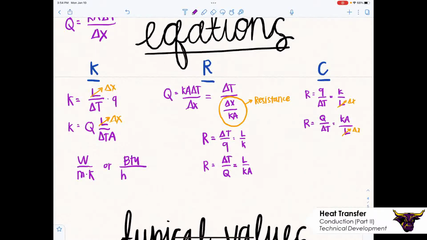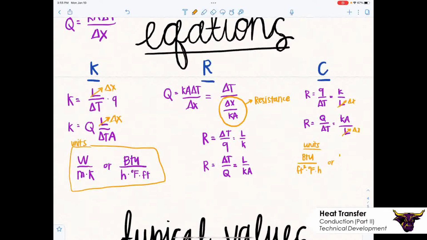Or I mean times degree Fahrenheit times foot. So if that's not a weird unit for you, I don't know what is. Typical units for C, we're going to jump to. So let me put kind of a little box around here. These are going to be our units. So our units over here for C are going to be BTU per foot squared, degree Fahrenheit, hour, or watts per meter squared Kelvin.